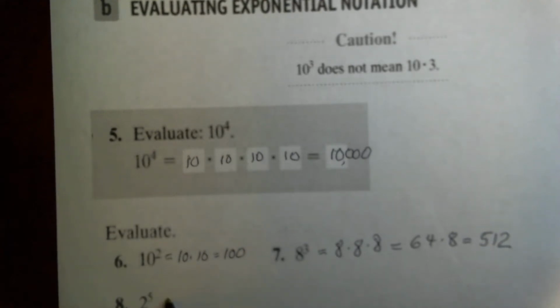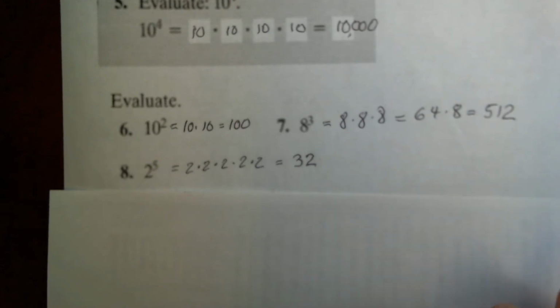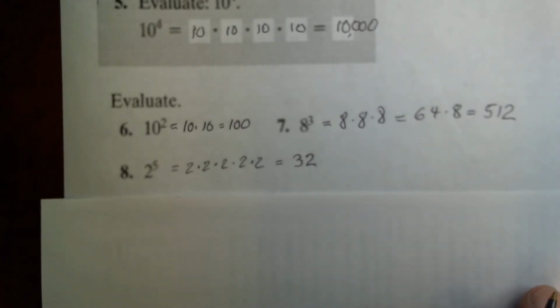And 2 to the fifth power means 2 times 2 times 2 times 2 times 2. So that's 4 times 2 is 8, times 2 is 16, times 2 is 32. So here the answer is 32. Evaluating exponential expressions is fairly simple. You can also do it with your calculator.